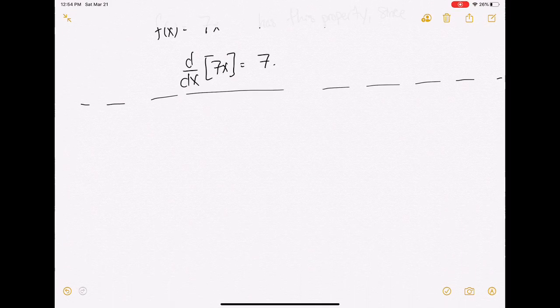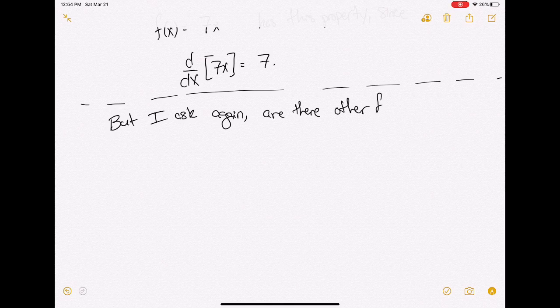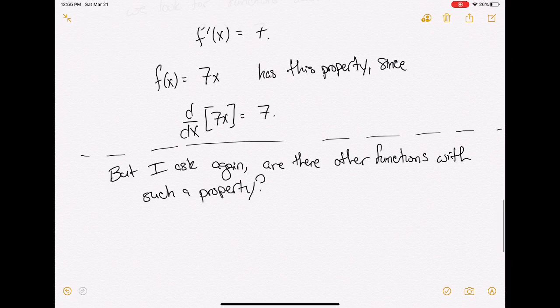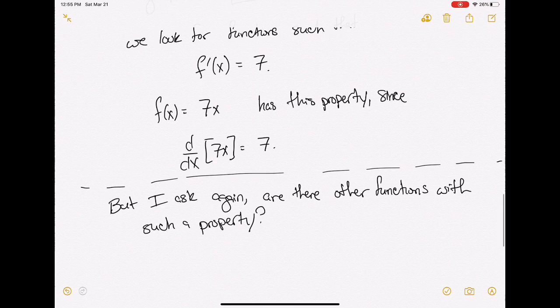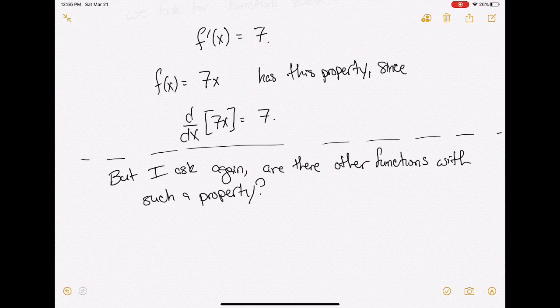But then I ask again, are there other functions with such a property? And some of you might say no, others of you might say yes. And the ones of you who say yes, I would say, give me whatever you think.